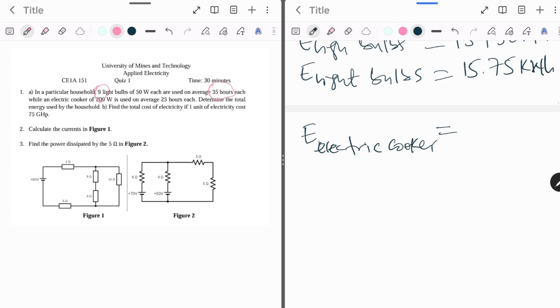Again, it's going to be the power of the electric cooker times the time.